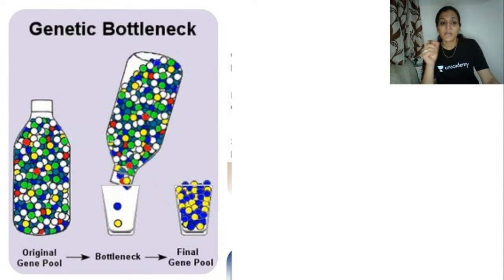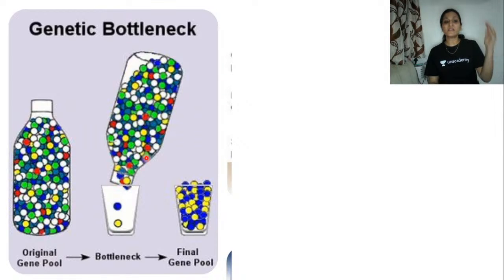So can you see the glass in the second place here? Can you see that only blue and yellow beads have come in the glass? When it was tilted for a longer duration, it was just a matter of chance that only blue and yellow beads came in the glass. The rest, red, green and white, were left in the bottle itself.